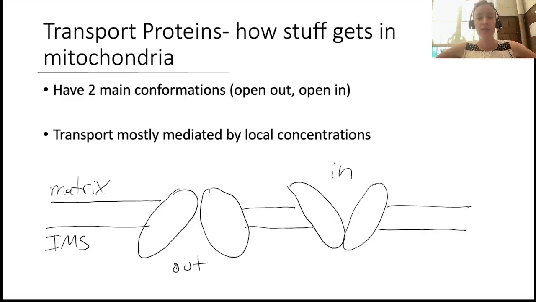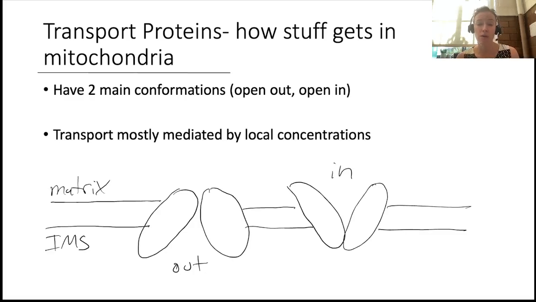These proteins have a channel going through them, and either end of the protein could be open. So this protein can open either out or in, and molecules can make their way through the center of these channels.